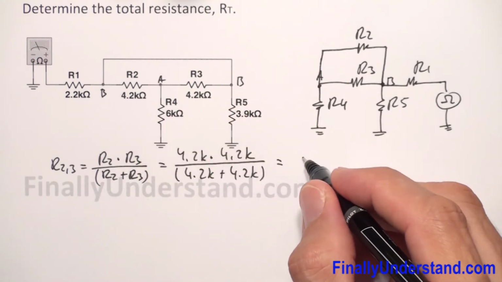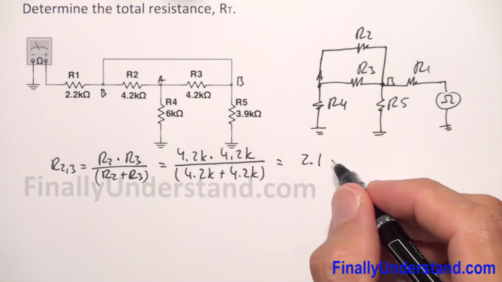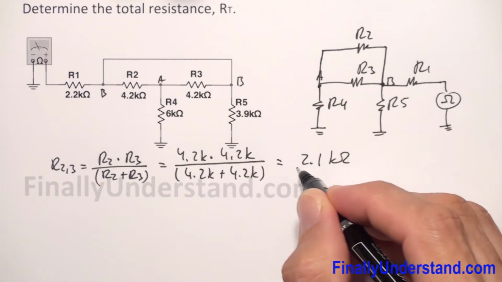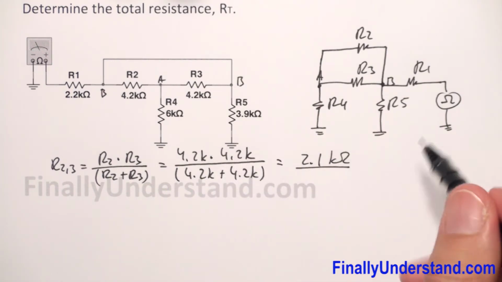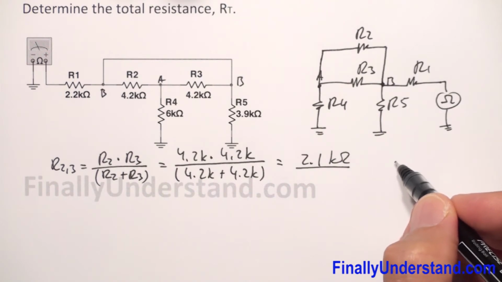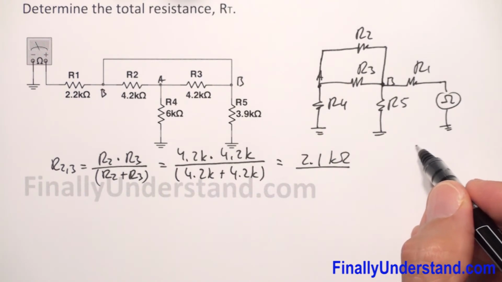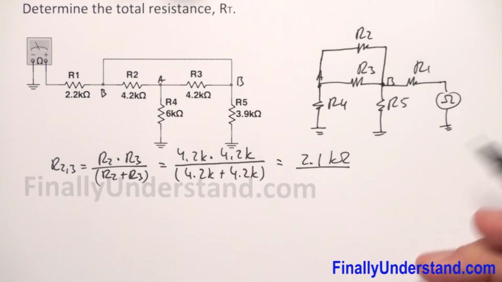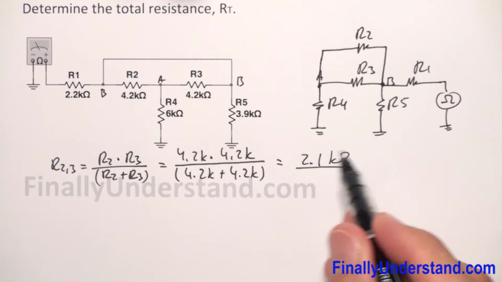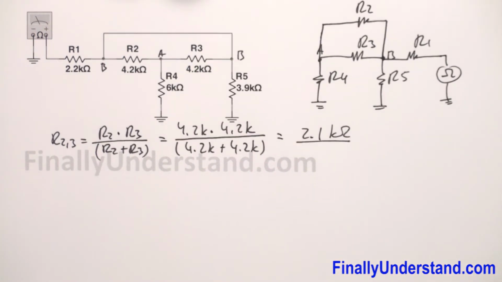So we have 2.1 kilo ohms. We can use product over the sum, or we can also use the formula R total is equal R over N, which is going to give me the same answer.